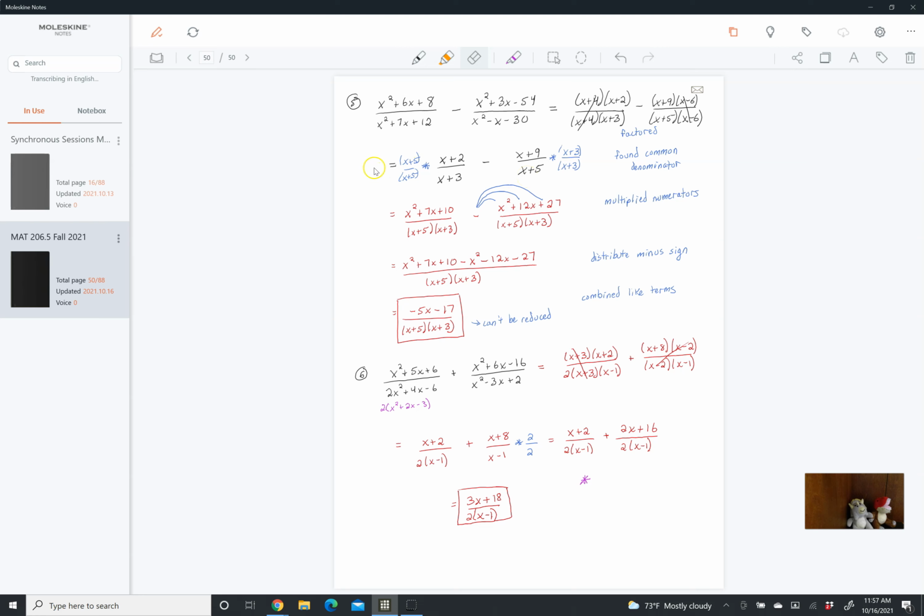You're going to know that you did something wrong because if we canceled the x plus 5, then we would be going back to exactly where we were before, where in this denominator we have an x plus 3, and in this one we have an x plus 5, and they're no longer common denominators. Okay, so in terms of canceling, it can only be done before finding the common denominator or at the very end when you're reducing your final answer.